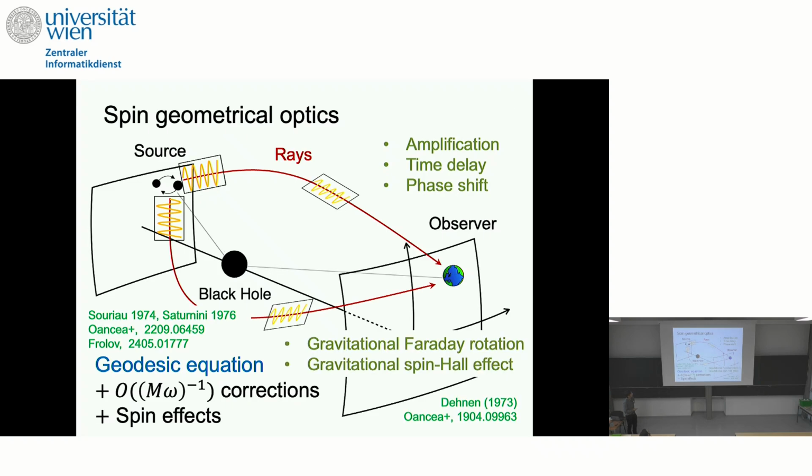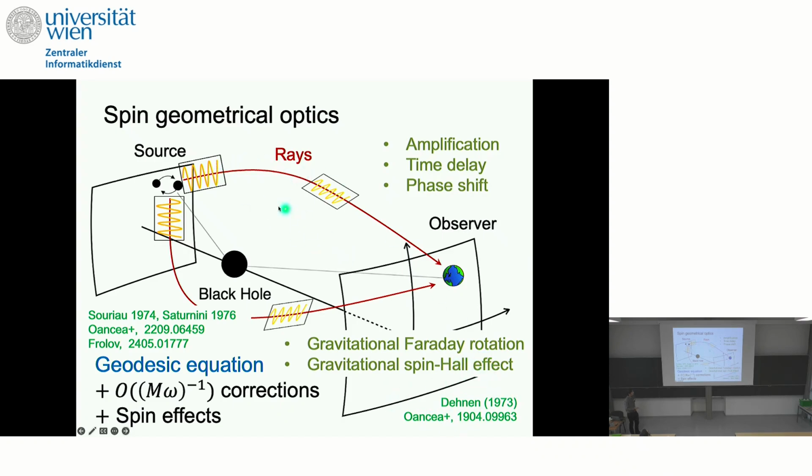Then if we also take into account the spin of the gravitational waves, we can also see some interesting phenomena like gravitational Faraday rotation or the gravitational spin Hall effect, investigated in these papers.